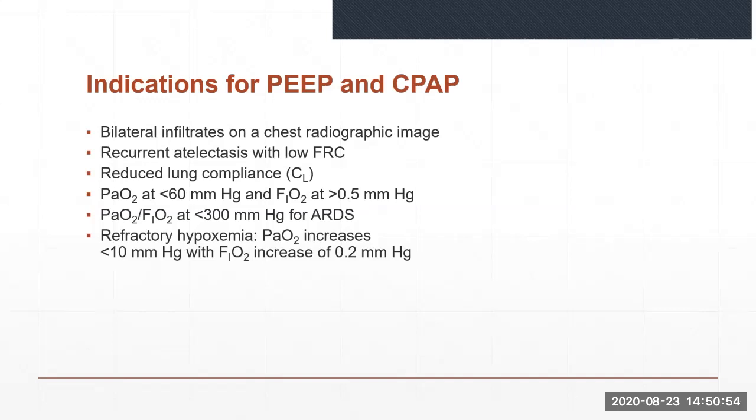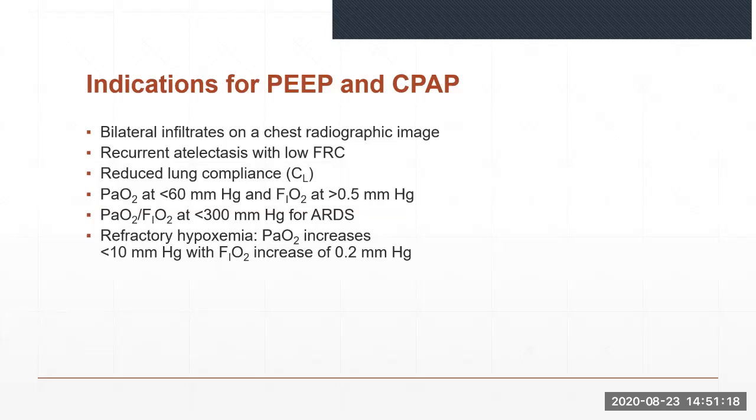The indications for initiating CPAP are similar to the criteria used for initiating PEEP. The primary difference between using CPAP versus PEEP is that the patient provides the work of breathing at all times during CPAP. If a patient is capable of breathing spontaneously without much difficulty and is able to maintain an acceptable PaCO2, then CPAP is appropriate.